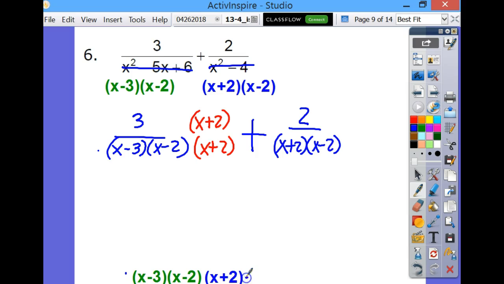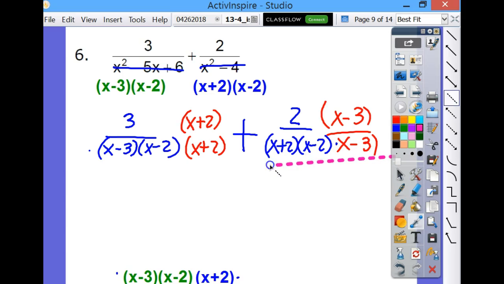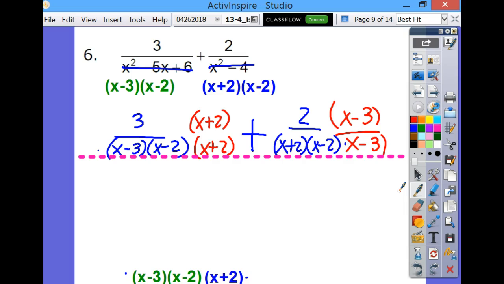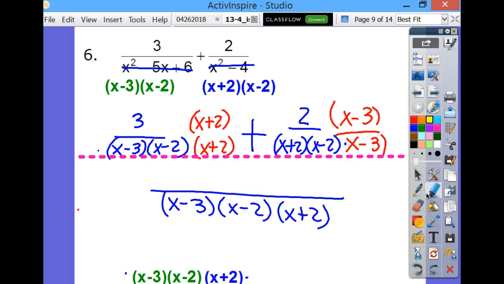What does this denominator have that that denominator is missing? So now I need to combine those over my same common denominator. Both of these have this denominator.